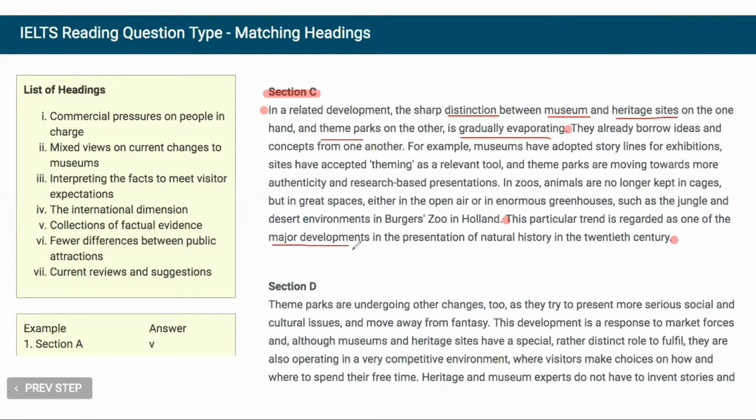So the fact that there are fewer differences leads me to look at this right here, number 6, fewer differences between public attractions. Also the fact that you see museum, heritage sites, theme parks, these are all different types of public attractions. And so just from reading these 2 sentences, I'm going to put here VI for number 6. Again, just for me. All right, clear again.